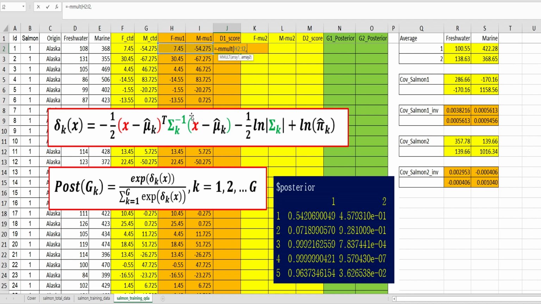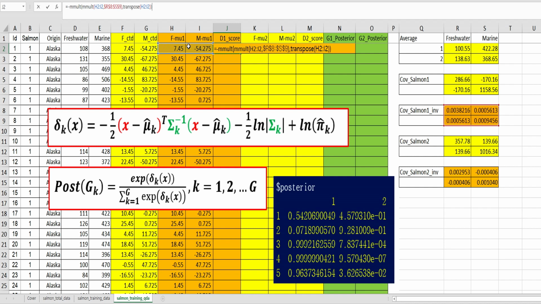And sigma inverse from here. Let's fix it because we need to apply this formula for other cells. Okay. And again, MMULT matrix computation, comma, transpose. This one.